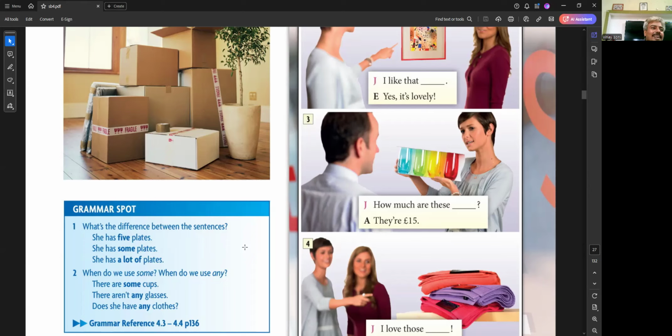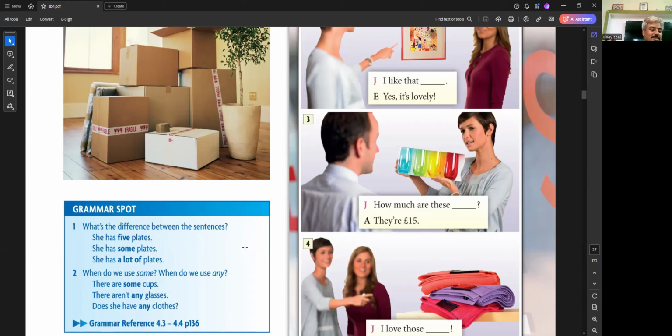And in a negative sentence, what do we say? She doesn't have any towels. She doesn't have any cups. So how will she serve you coffee or tea if you go to her house? She has some cups.